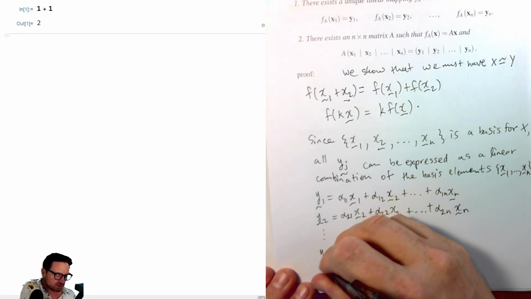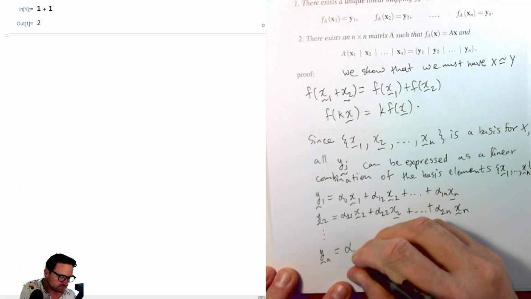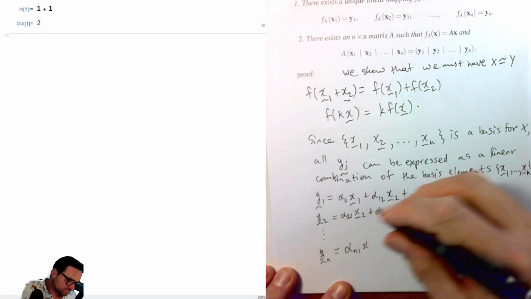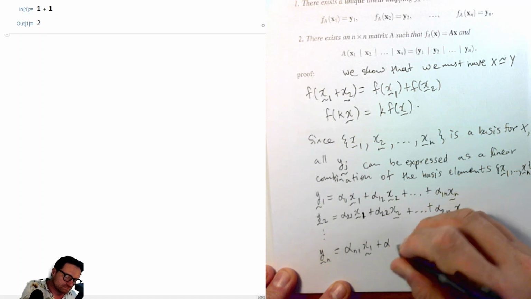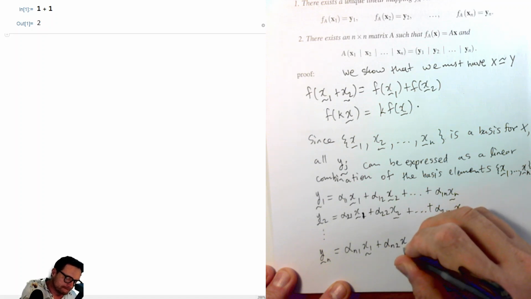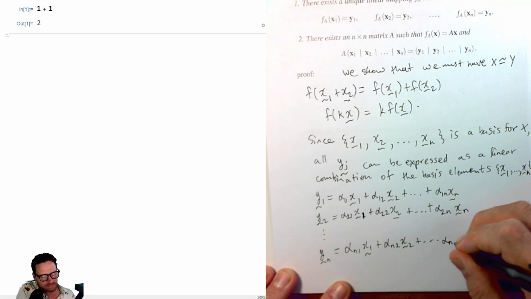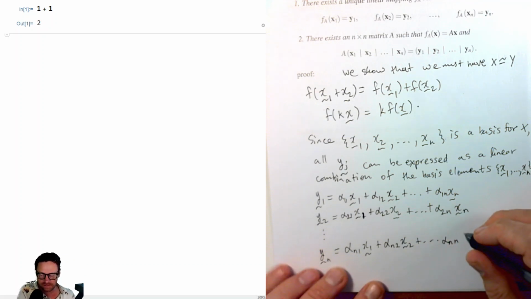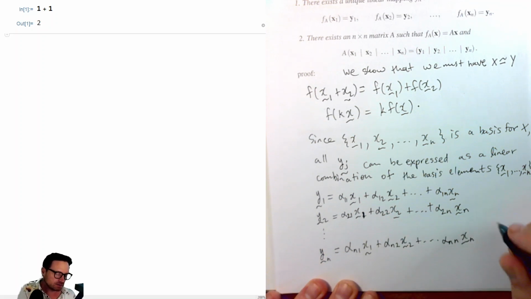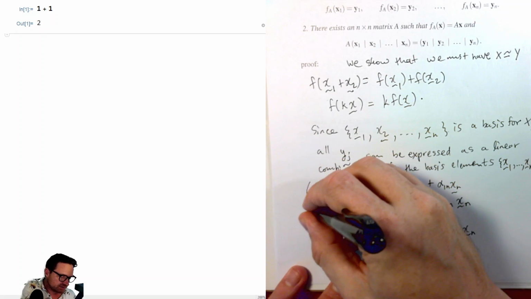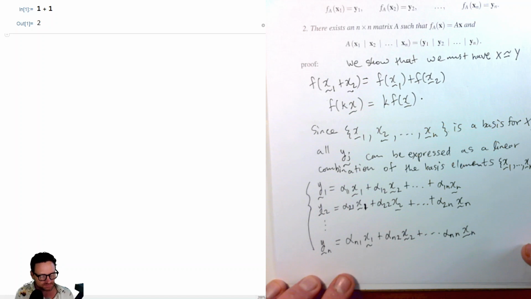Okay, and similarly for all the others, to alpha nn. Okay, so we can write this because x is a basis.